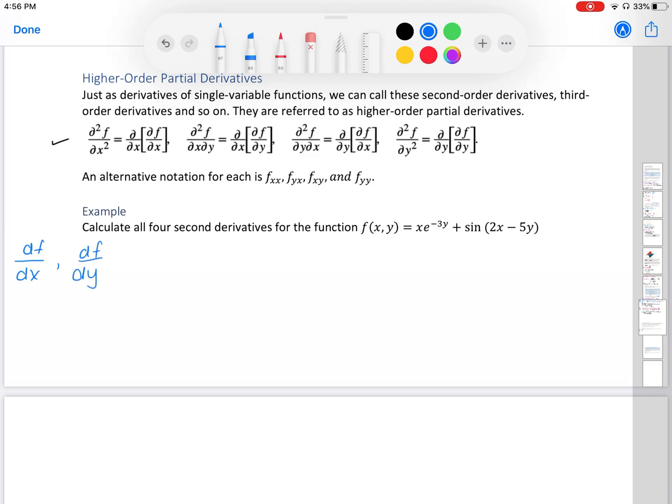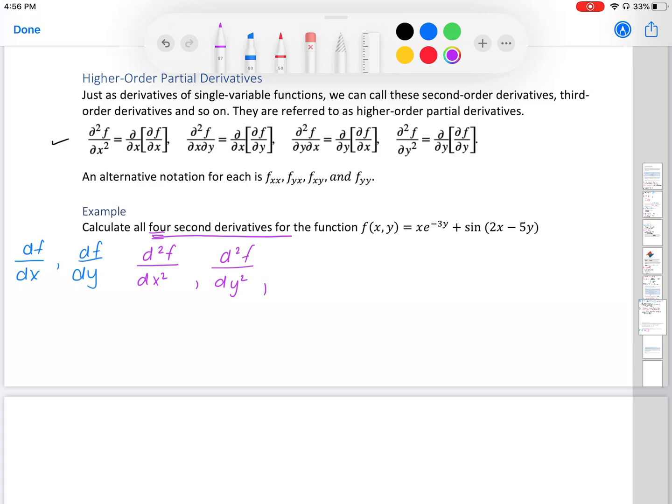So what are the second order derivatives that it wants? The four second order derivatives of our function would be d squared f over dx squared. We can also find d squared f over dy squared.